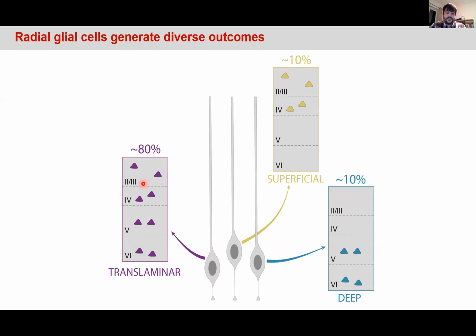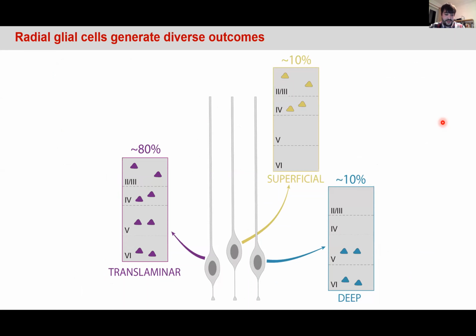So all these methods together, what we were able to conclude here is that in the developing cortex of mouse, about 80% of radial glia cells do generate translaminar lineages, while about 10% of those generate deep restricted progenies, and another 10% seems to be not actively dividing during early embryonic stages, but start dividing later on to generate superficial layer restricted progenies.